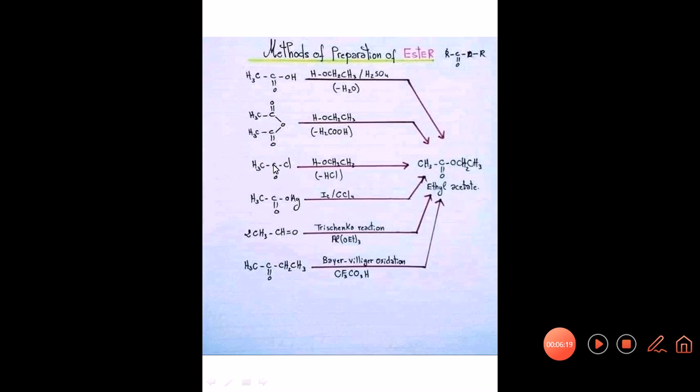Once again, if you have an acyl chloride and you add an alcohol, just similar to this, because these ones are all derivatives of carboxylic acids, it gives off an ester.